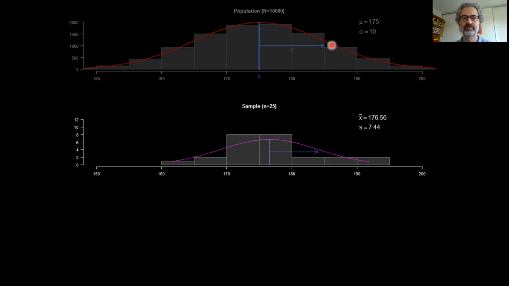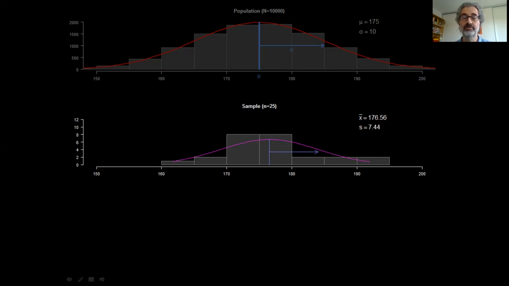What does this mean? This is another way to ask whether our sample is consistent with a population mean of 175. So this particular random sample happens to have a sample mean of 176.56 and a standard deviation of 7.44. It's just a random sample.